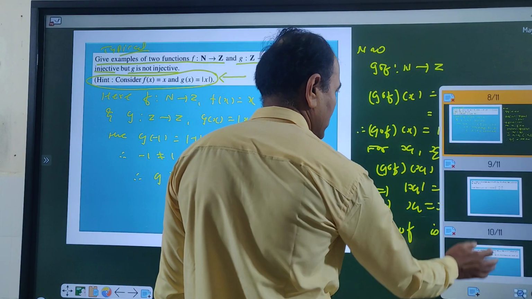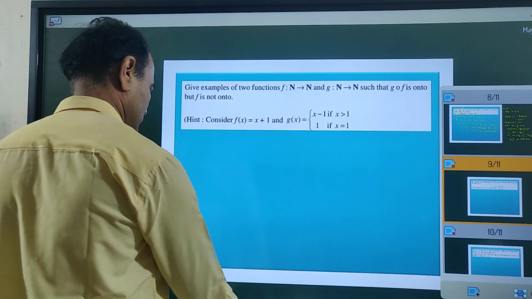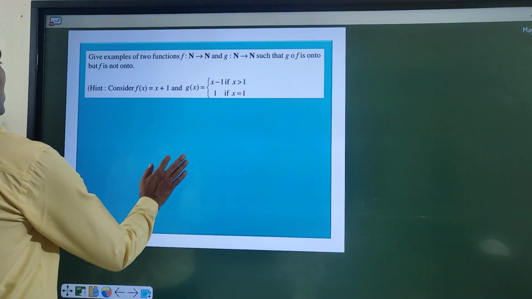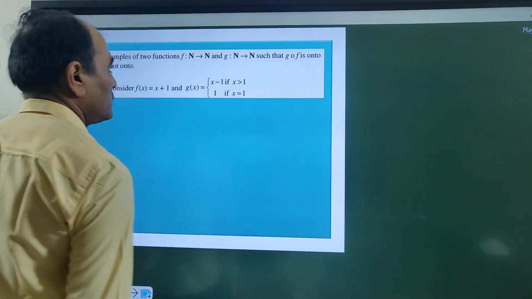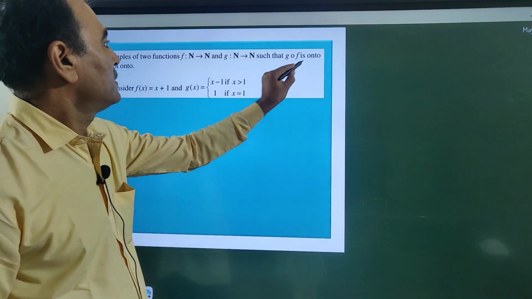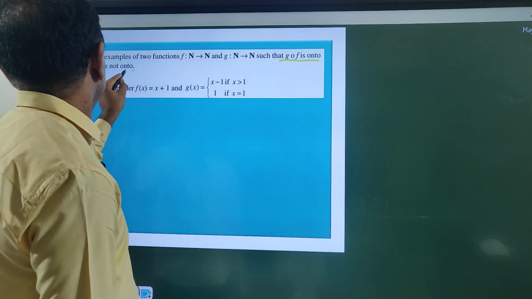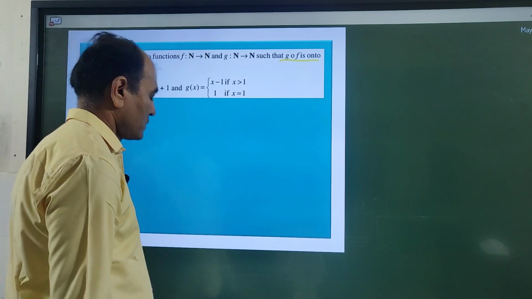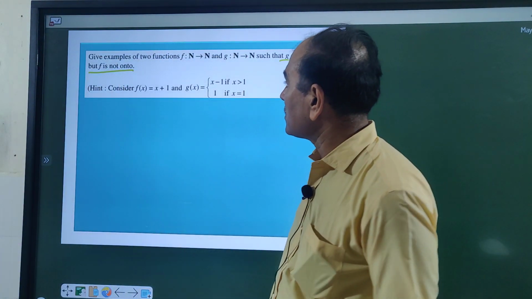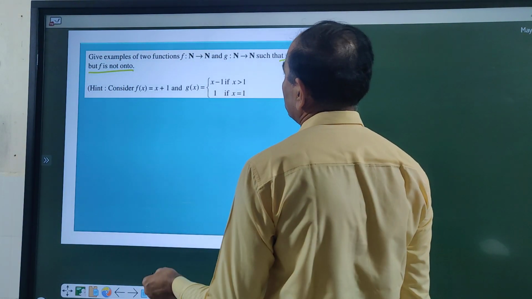Let us see. See here, in the same way, one-one-ness is given. See, gof is one-one, but f is not one-one. Now see, f is from where to where?